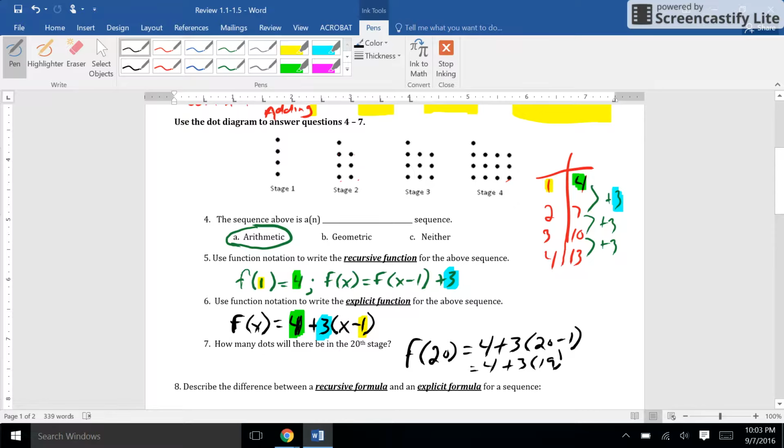You're going to run your calculator. You can put that straight in. 3 times 19 gives me 57. Add the 4 to 57, and we get 61. So that's how many dots at the 20th stage.